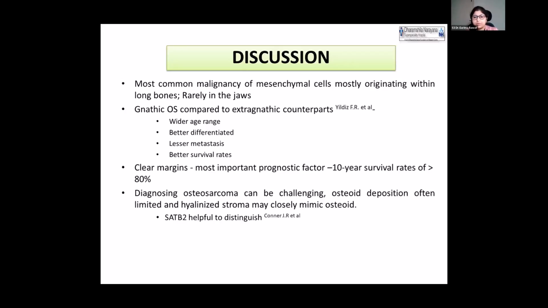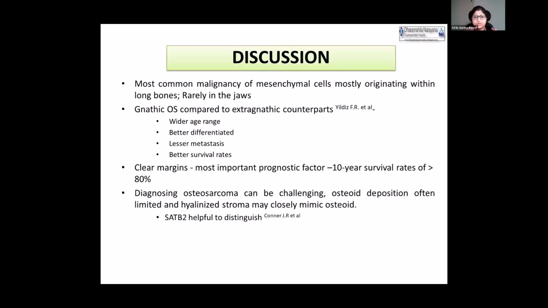Usually the most important prognostic factor considered for gnathic osteosarcomas is clear resection margins, which has been reported to show a 10-year survival rate of more than 80%. At times, diagnosing an osteosarcoma can become a little challenging because the osteoid deposition is focal and limited, and the hyalinized stroma which is present can closely mimic the osteoid.